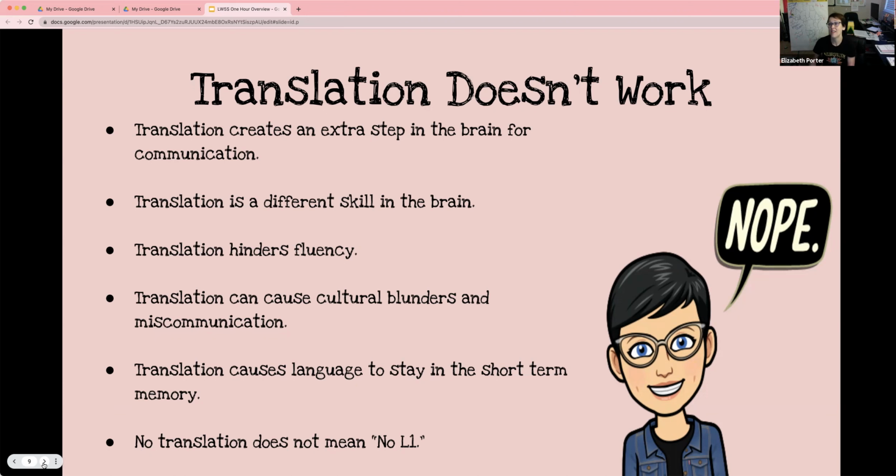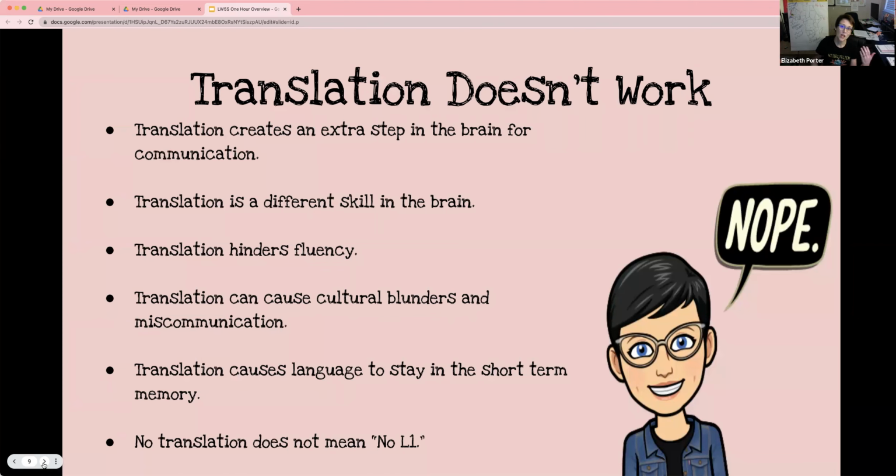We would say j'ai hâte in France instead. So that's one of those cultural blunders. The word préservatif does not mean the same as preservative, for example. So, you know, there are just some things that can cause cultural blunders. And it causes the language to stay in the short-term memory.